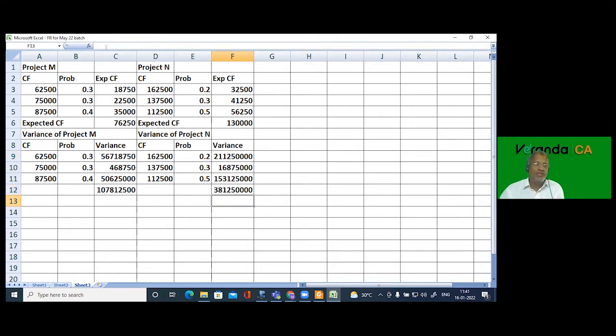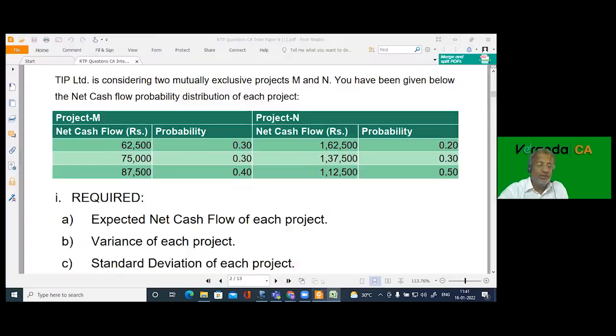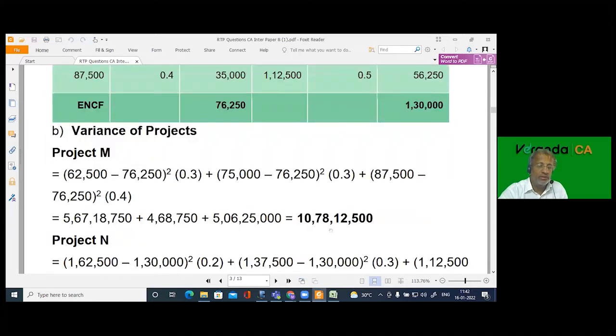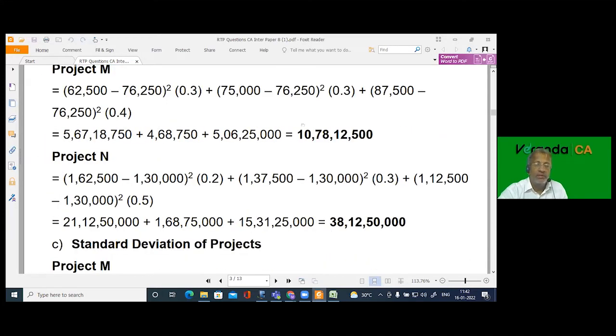That is 38 crores 12 lakhs 50,000. Just see: 10 crores 78 lakhs 12,500 for M.